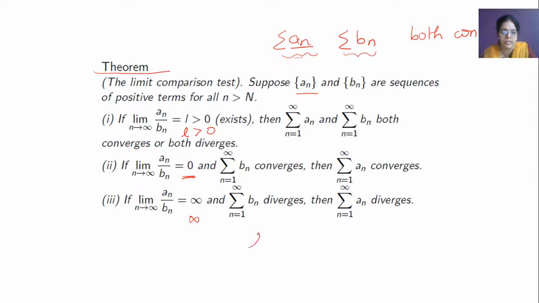So the limit you find is L, 0 or infinity. If it is L, they both behave in the same way, both converge or both diverge. If it is 0 and sigma bn converges, then only sigma an also converges. And if it is infinity and sigma bn diverges, then only sigma an also diverges.